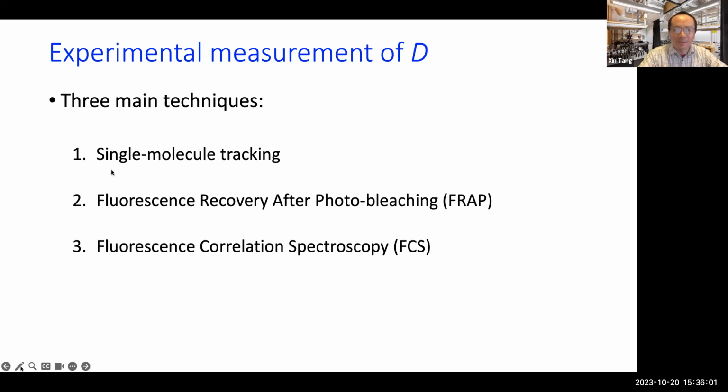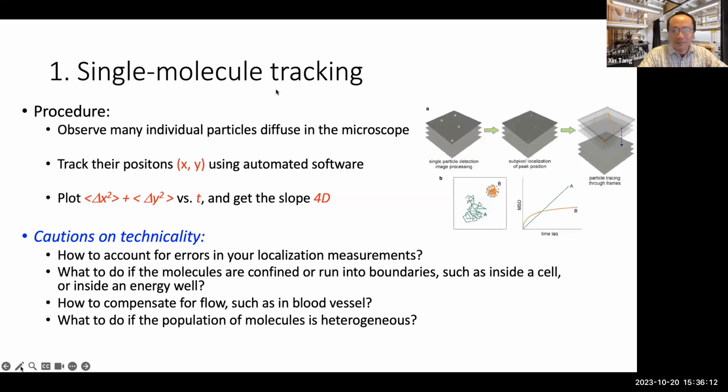Those are the methods that people use to measure the diffusion coefficient. We will explain them one by one. The first one is called single molecule tracking. This method uses the fundamental understanding of diffusion. Basically, it uses first principles to measure the diffusion coefficient.